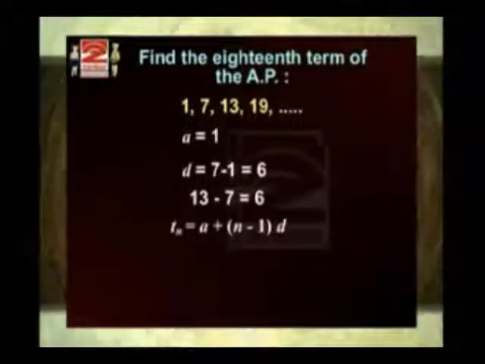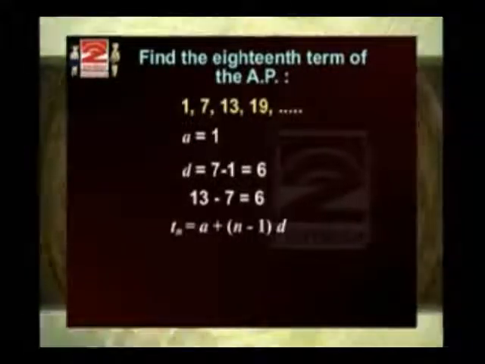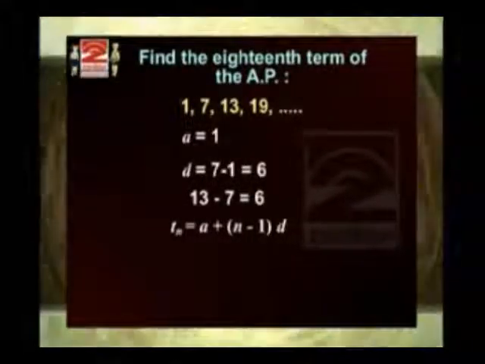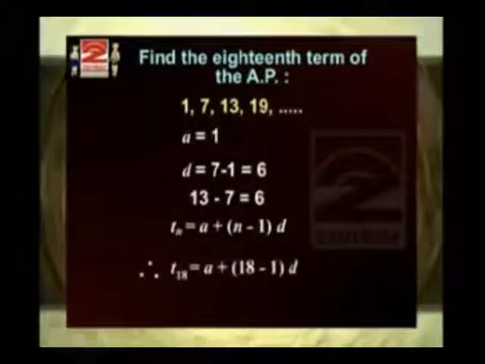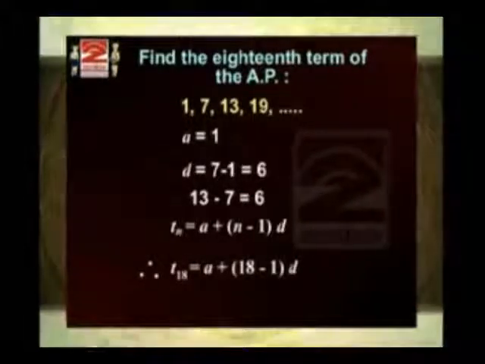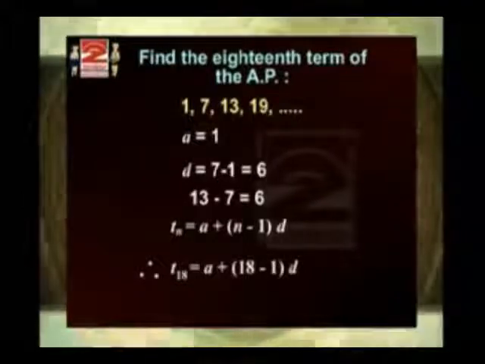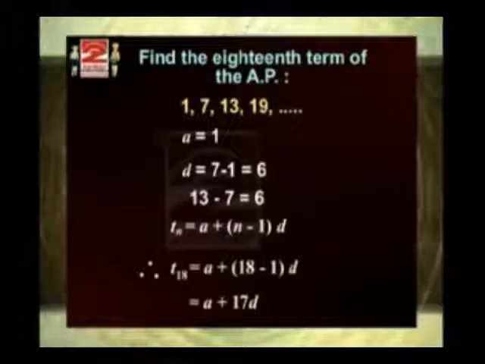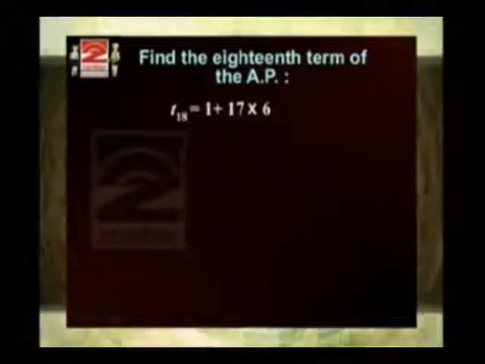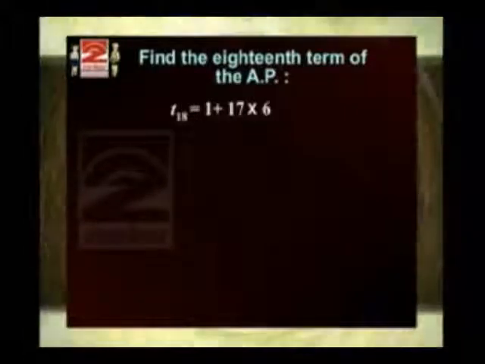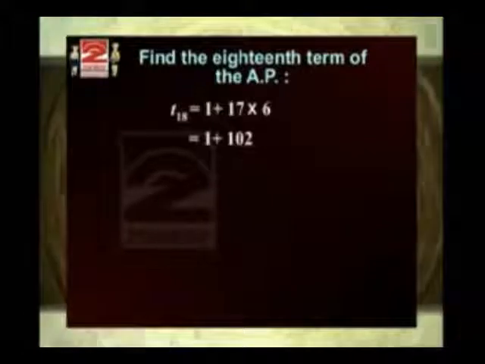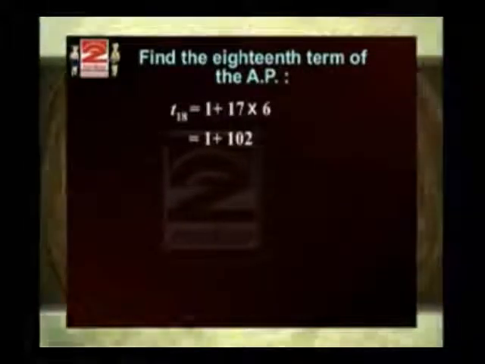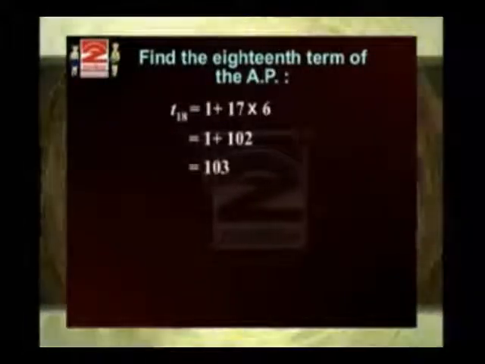Now Tn is equal to A plus n minus 1 into D. Therefore T18 is equal to A plus 18 minus 1 into D, that is equal to A plus 17D. Putting the values, T18 is equal to 1 plus 17 into 6, that is equal to 1 plus 102, that is equal to 103.